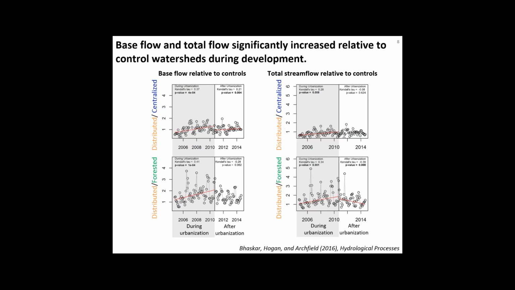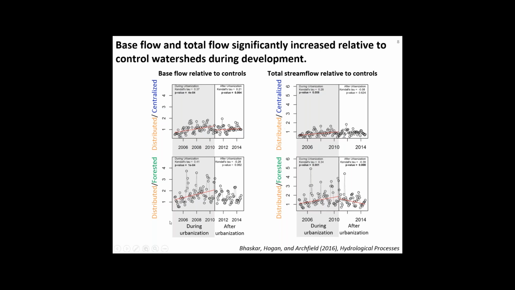And so here we've split it up into two time periods, during urbanization and after urbanization. And we've done a trend analysis on these two periods separately to look at when there's a significant trend. And the red lines are indicating a significant trend, and the red line slope indicates the magnitude of the trend.